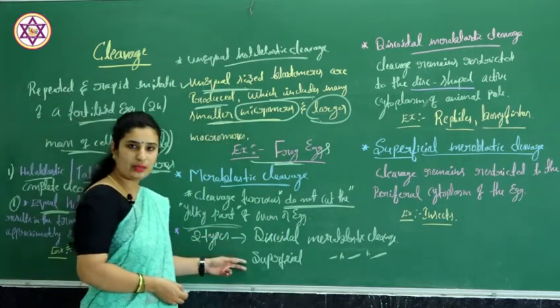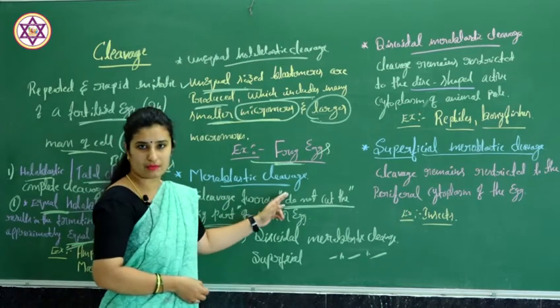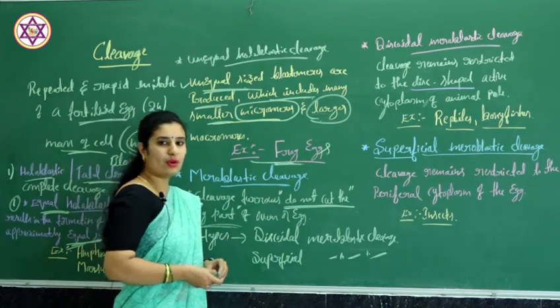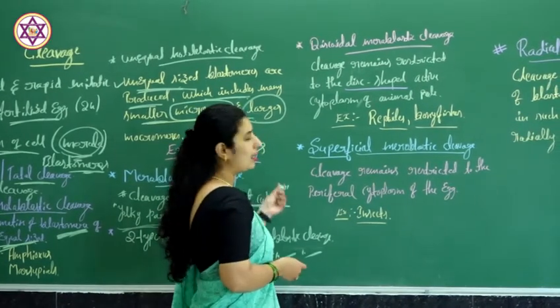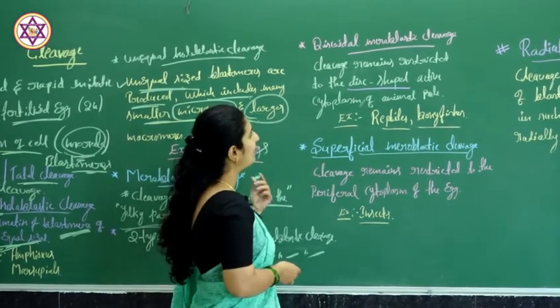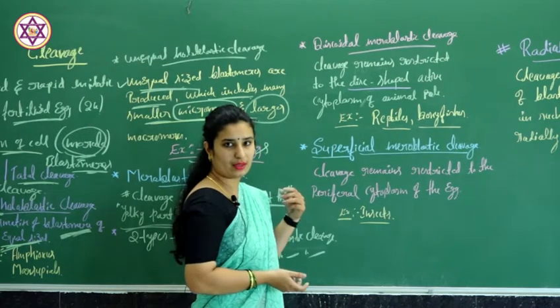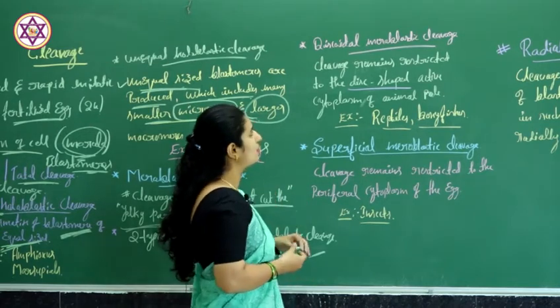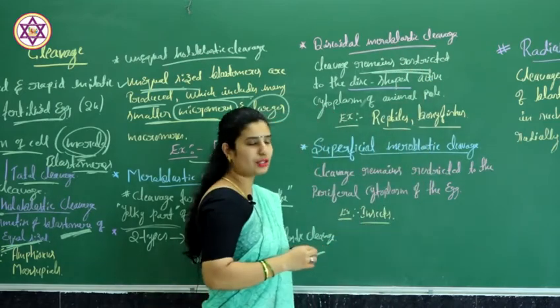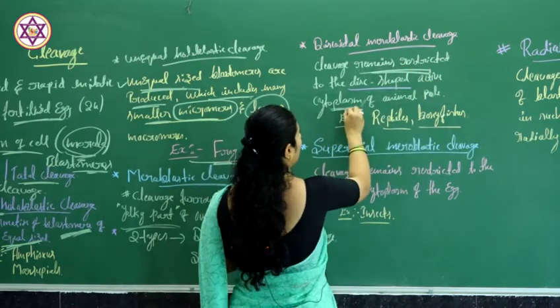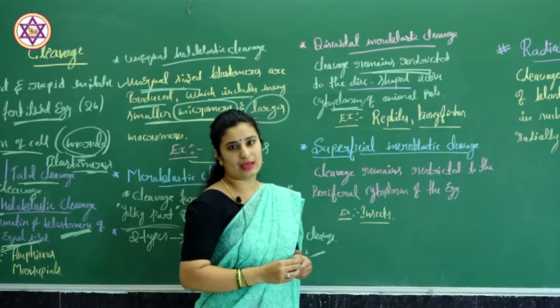These are the two types which come under meroblastic cleavage. So what is discoidal meroblastic cleavage? Here the cleavage remains restricted to the disc-shaped active cytoplasm of the animal pole.